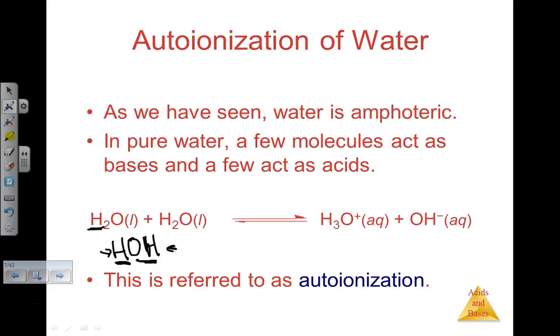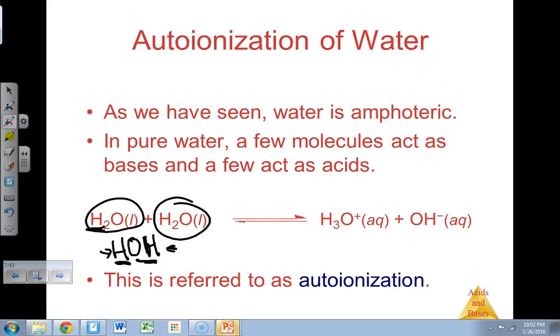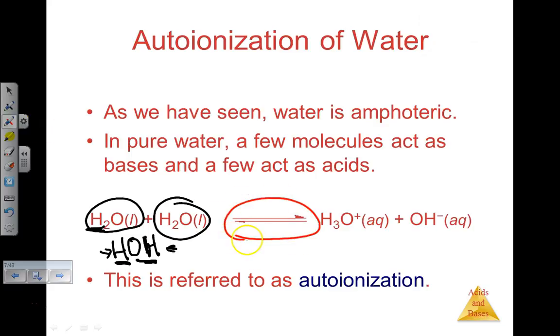Okay, well, what makes it that? It's because when water is in proximity with another water, it ionizes. And notice here in this case, and this is kind of a portent of things to come, notice that we have an equilibrium arrow here. So this is not strong. That would be totally weird if water was strong, completely ionized.